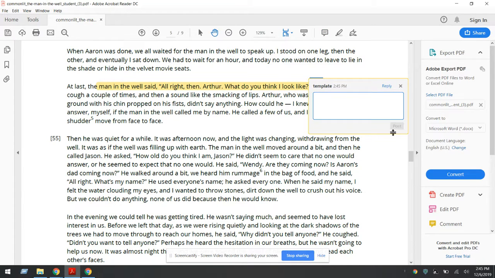Thinking about the title, I think the story is about a man who is in a well and some people are trying to help, but he's stuck at the bottom. That's why they don't know what he looks like or who he is.